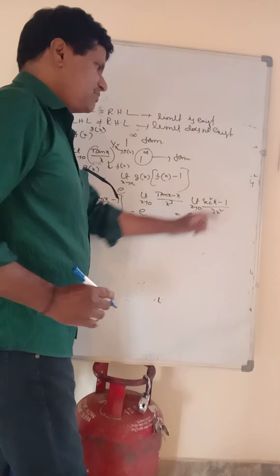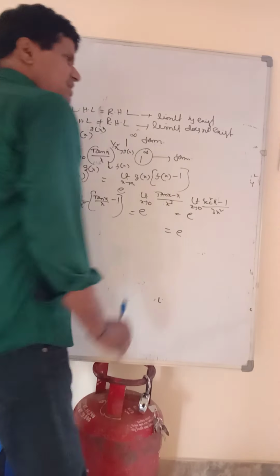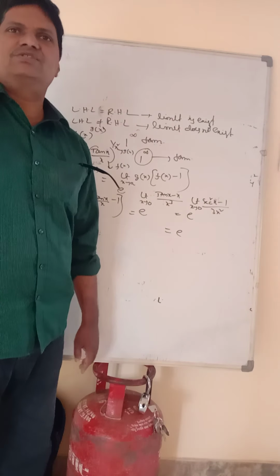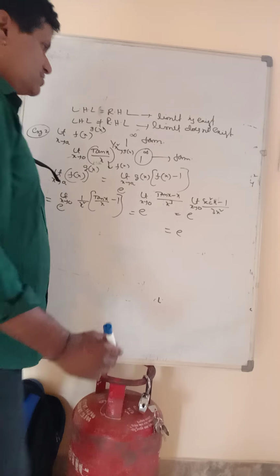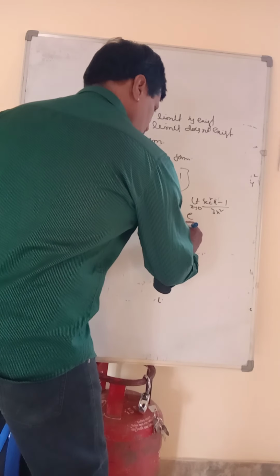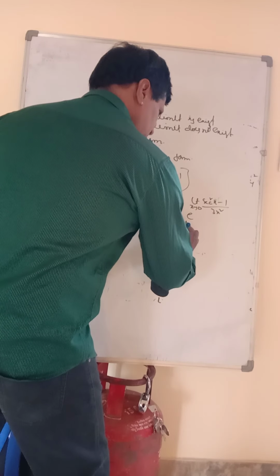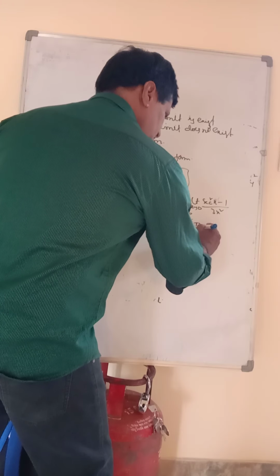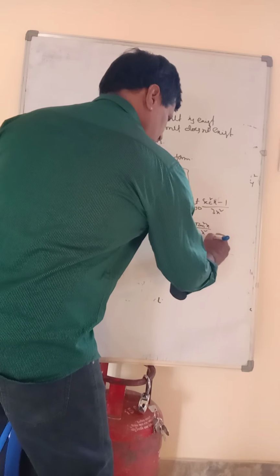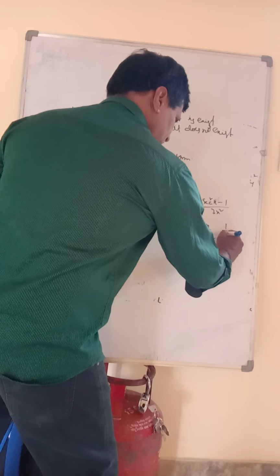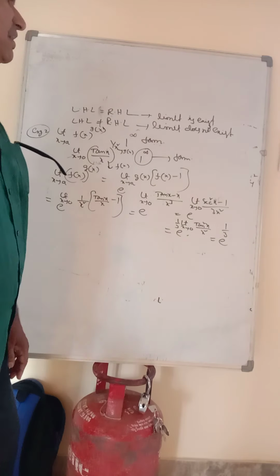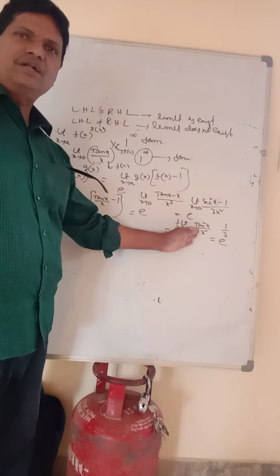So secant square x minus 1, what? Secant square x minus tan square x is 1, so secant square x minus 1 is tan square x. So e to the power of limit x tends to 0, take 1 by 3 out, tan square x by x square. According to the standard limits, we know limit x tends to 0 tan x by x is 1.